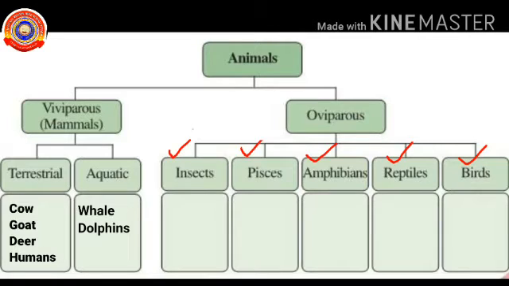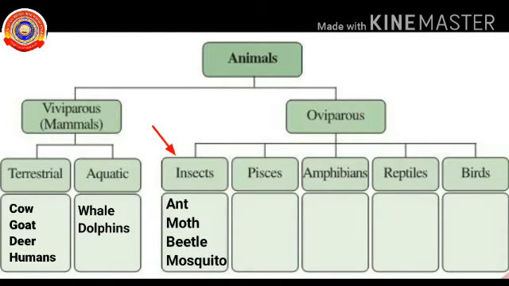Now, which are the oviparous insects? Yes, ant, moth, beetle, mosquito, etc. Then oviparous pisces, that means fishes, are sardine, catfish, mackerel, etc.